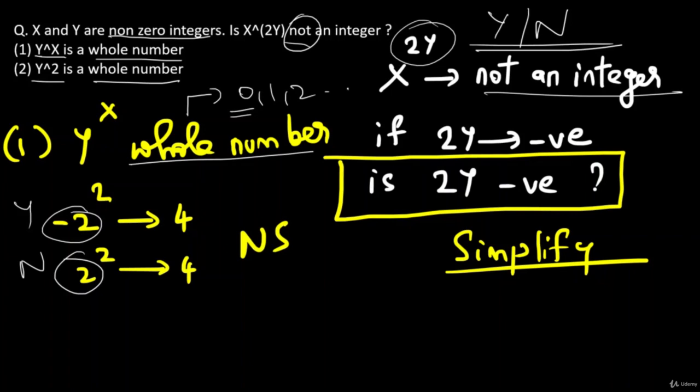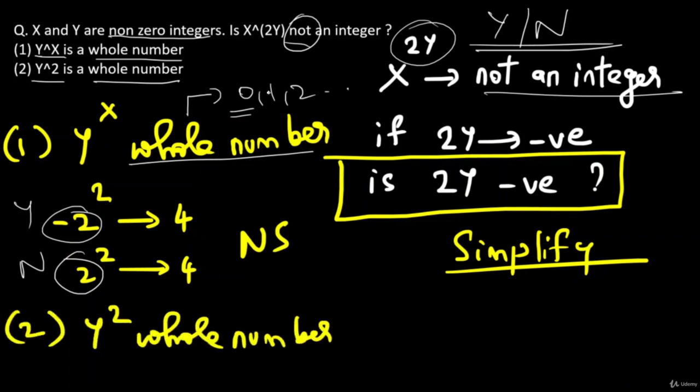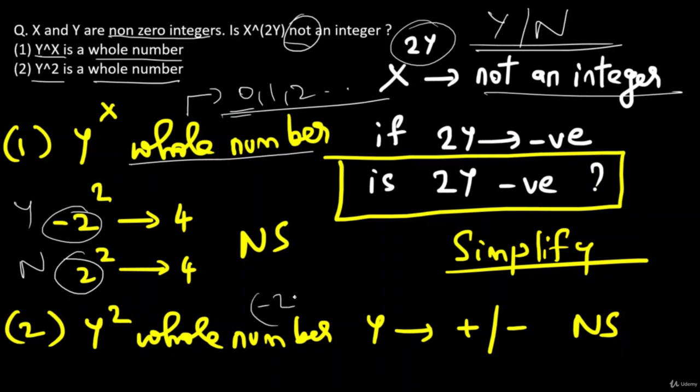What about statement 2 alone? It says that y square is a whole number. Again, whole numbers are numbers like 0, 1, 2, etc. So if y square is a whole number, y can be either positive or a negative value. For example, if y is minus 2, then minus 2 square is equal to 4. The same thing that we have used over here. In this case, y is a negative value, and remember, 4 is a whole number.